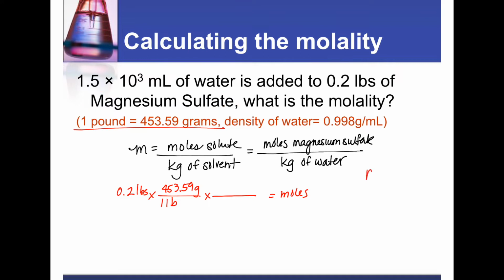Just a little reminder, magnesium is in the second column, so it's 2 plus. Sulfate is SO4 2 minus. Because their charges are the same, they go together in a 1-to-1 ratio, and we just get MgSO4. And when you add up a magnesium, a sulfur, and 4 oxygens, you get 120.37 grams per mole. So that's what I'm going to put in for my molar mass.